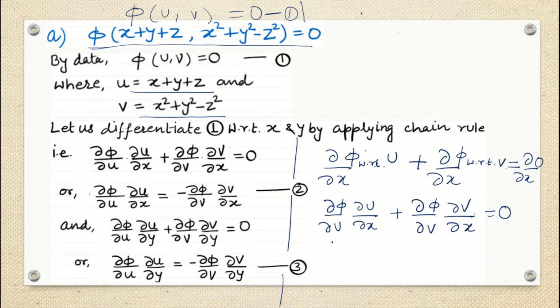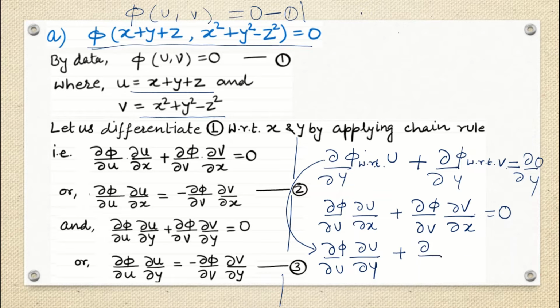Similarly, for del by del y of phi, I am finding del by del y of phi with respect to u, plus del by del y of phi with respect to v.